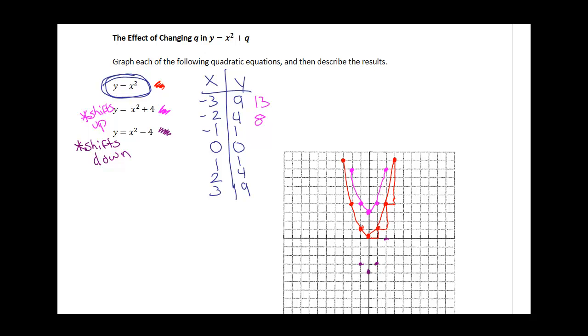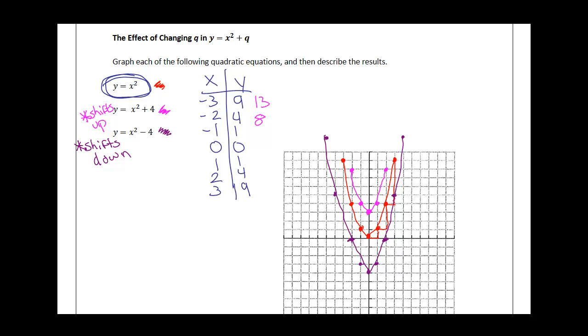Over 1, up 3. Over 1, up 5. And we could do another one of over 1, up 7. So our last quadratic function looks like that.